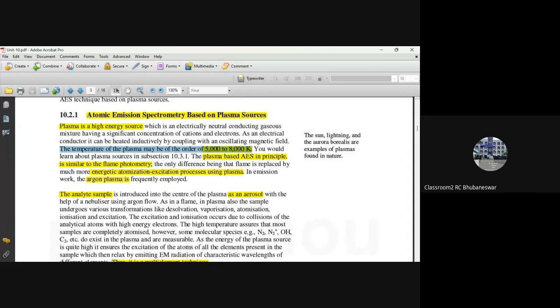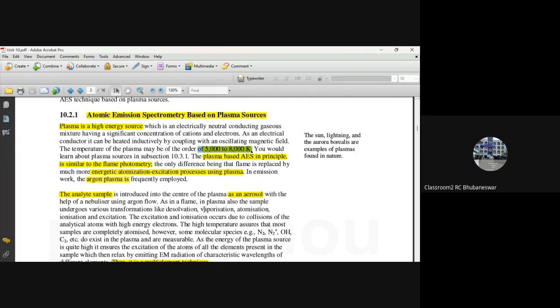I want to remind you that in the last class we saw the graphite furnace, the electrothermal way of atomization, where we can handle temperatures of 1500 to 3000 Kelvin. Whatever elements atomize within that range can be studied using the graphite furnace.